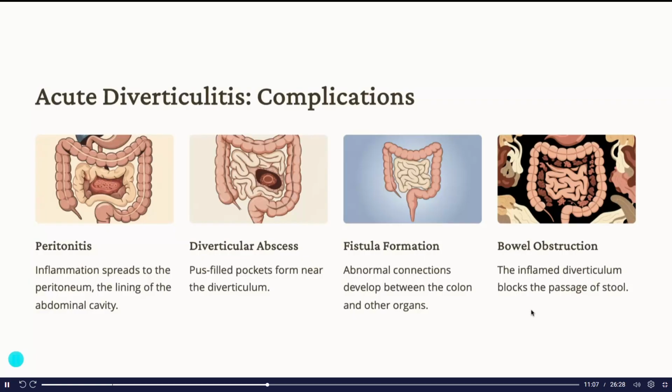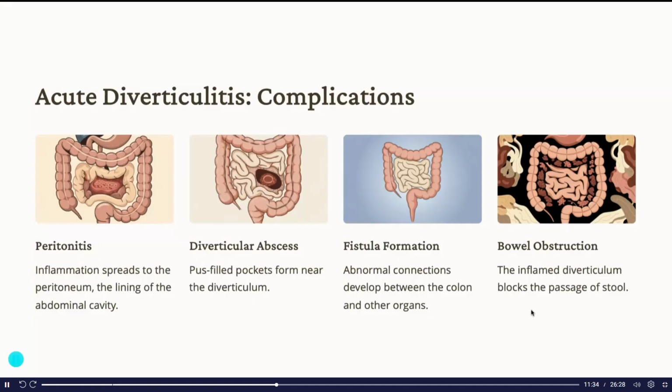If this were the case, you'd expect to probably see left lower quadrant pain, fevers, leukocytosis, and you might be able to palpate a left lower quadrant mass. This would require percutaneous drainage in interventional radiology, and sometimes if it's big enough, even surgery to wash out the abscess.